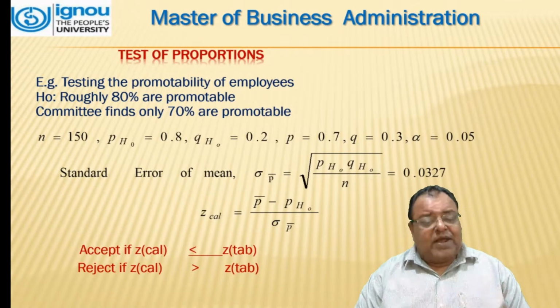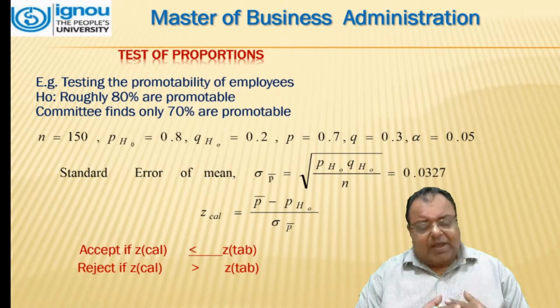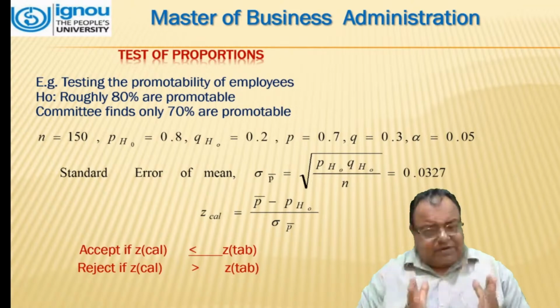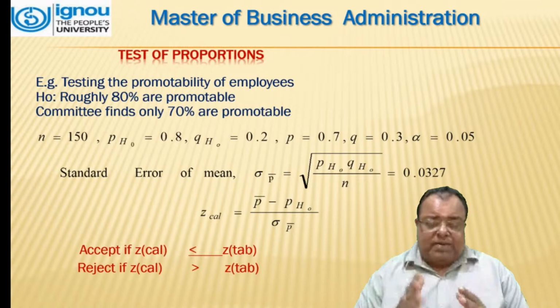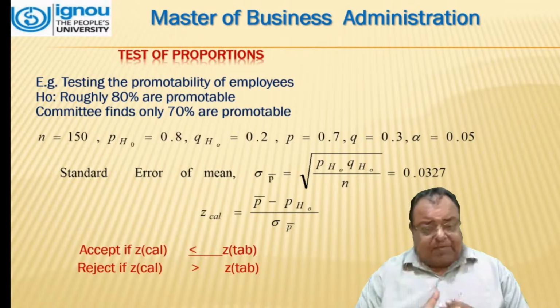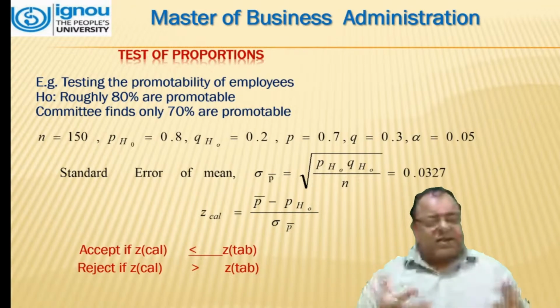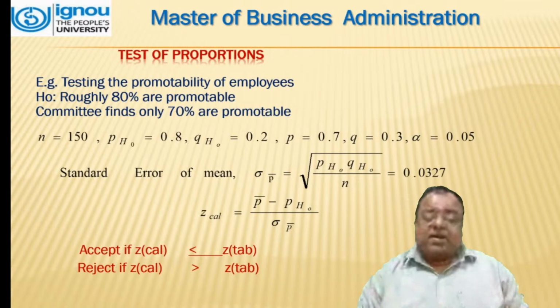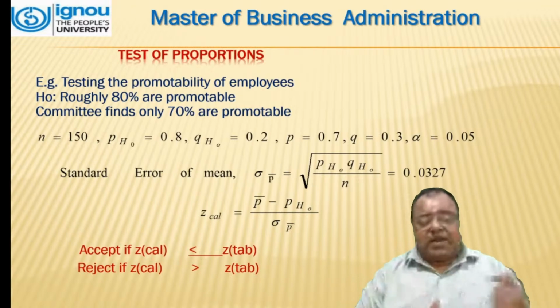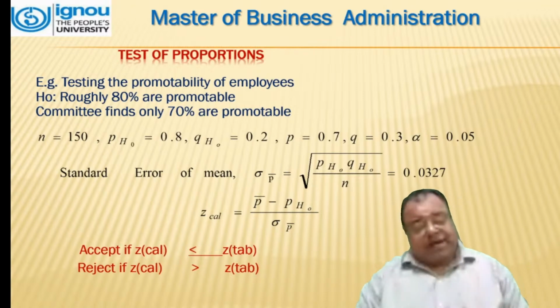Then we calculate the value of z, that is z calculated is equal to P bar minus P H naught upon sigma P bar. After calculating, the conclusion has to be found. If z calculated is less than z tabular, we accept the hypothesis. And if z calculated is greater than z tabular, then we reject the hypothesis.